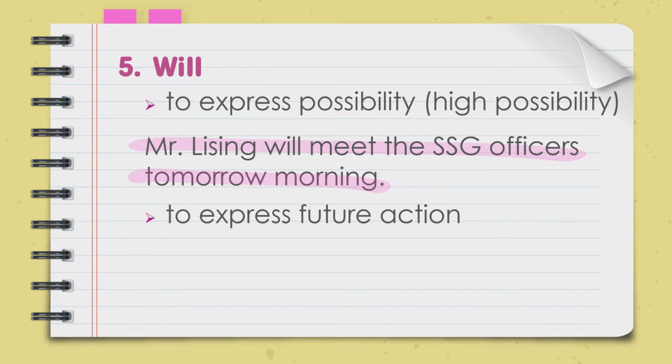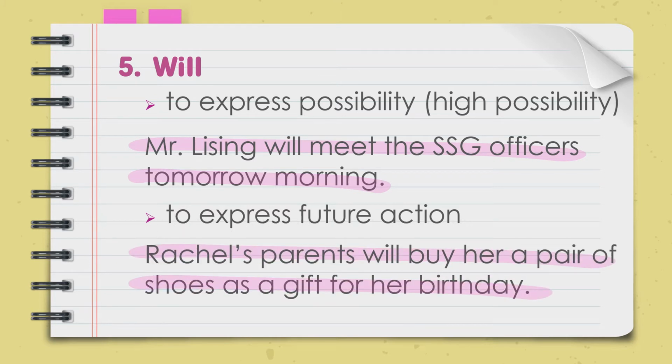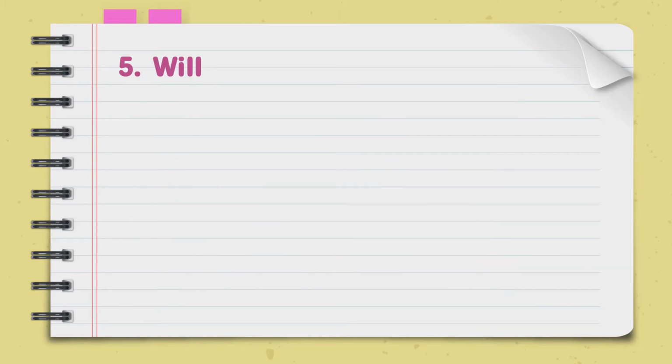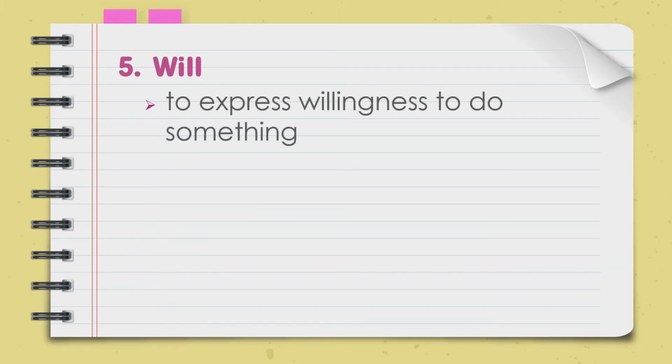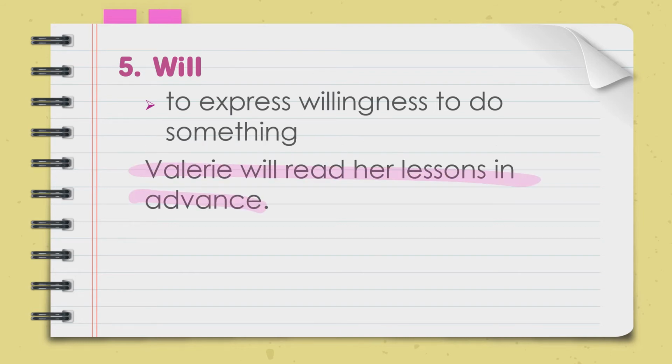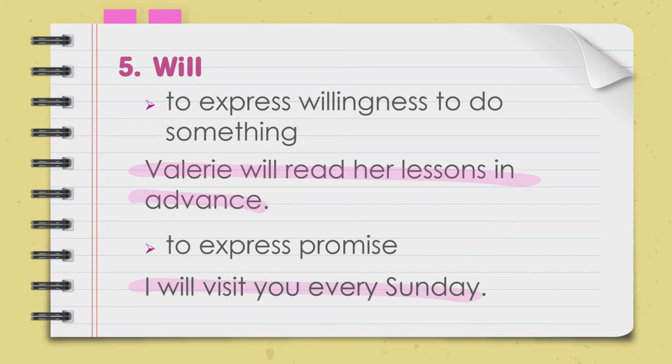For example, Rachel's parents will buy her a pair of shoes as a gift for her birthday. Another intention that will expresses is willingness to do something. Example, Valerie will read her lessons in advance. Lastly, will is used to express promise. For example, I will visit you every Sunday.